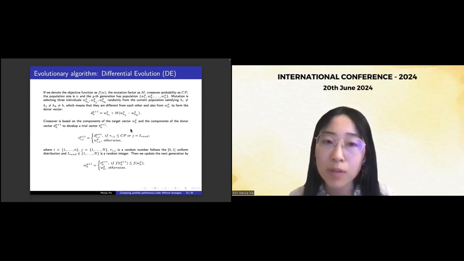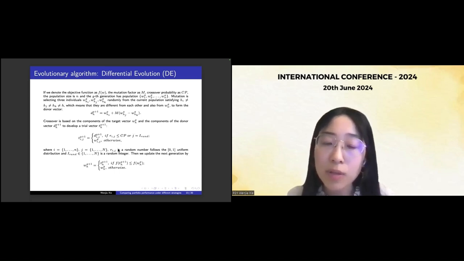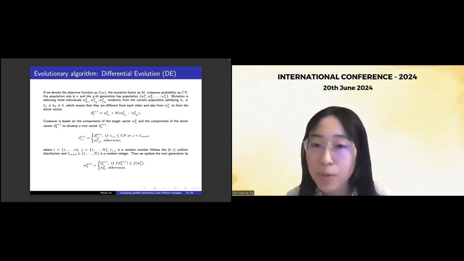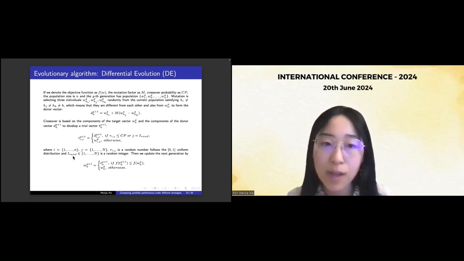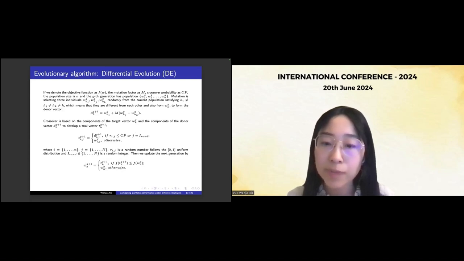Crossover is based on the components of the target vector and the components of the donor vector to develop a trial vector. R is a random number that follows the uniform distribution, and I is a random integer. Then we update the next generation by the formula.